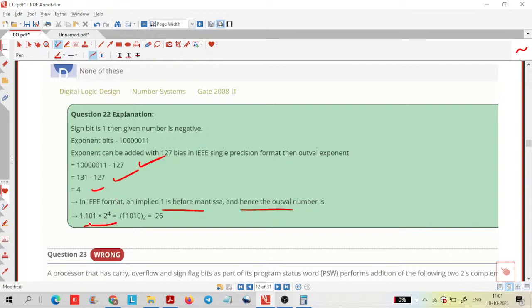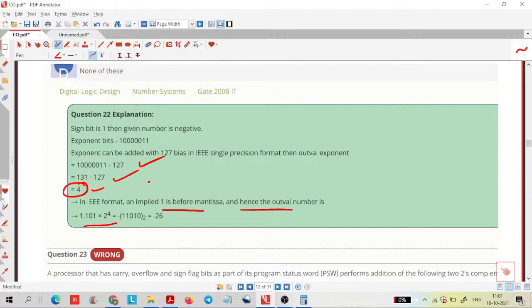Yeah, the sign will be there, and the exponent bits, this is the 2 raised to 4.